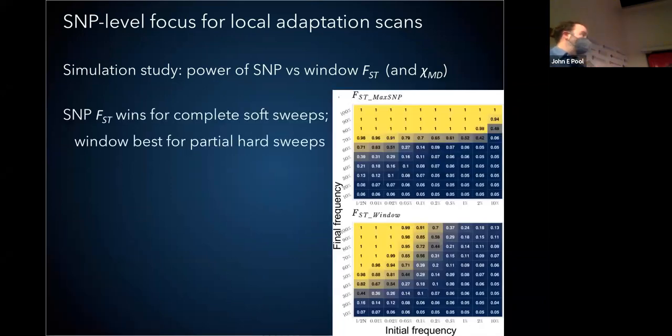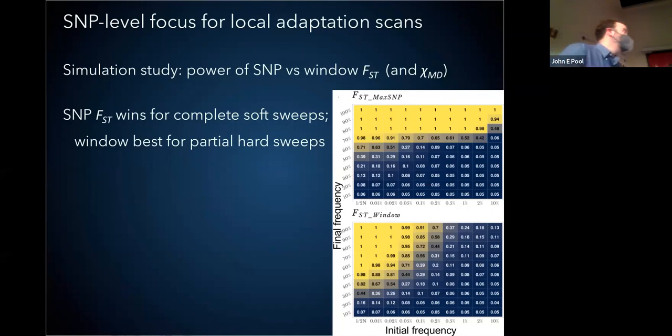And he showed that although window FST is better for hard sweeps, either one can detect complete hard sweeps. Those are just easy. So this is showing what frequency a sweep started at, and this is showing what frequency it ended at. So these are extreme events going from a frequency of 1/2N, a new mutation, all the way up to 100% frequency.